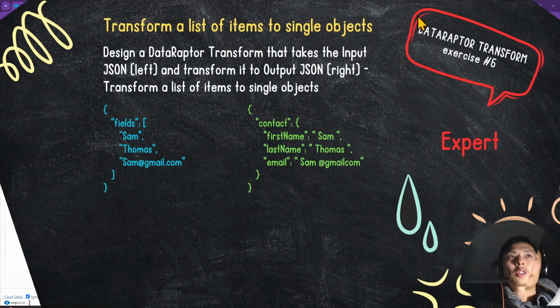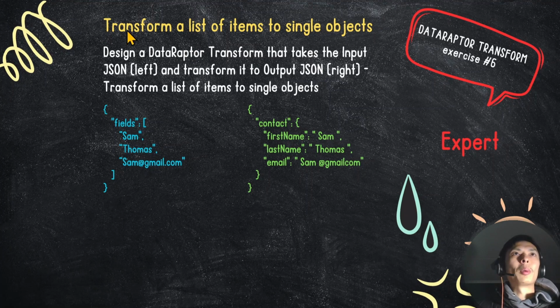Exercise number 6, transform a list of items to single objects. In this exercise, we will be designing a DataRaptor transform that takes what we have here: a JSON node with an array, and within the array there are 3 values.